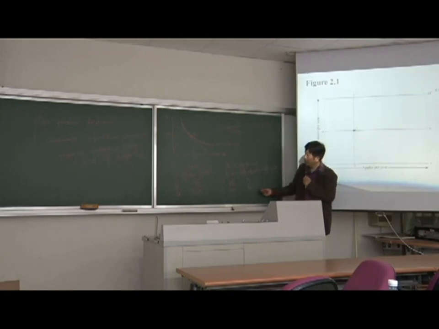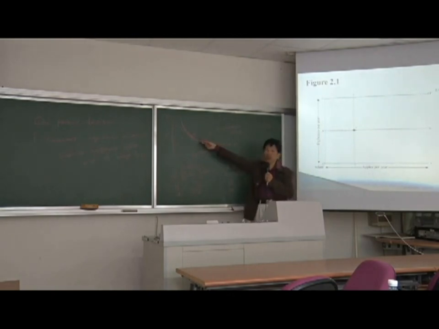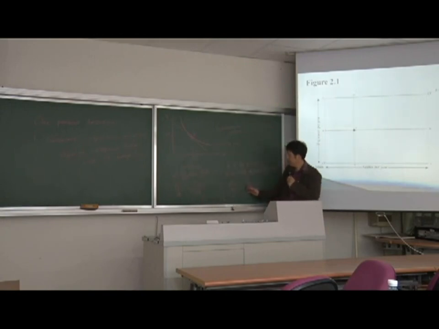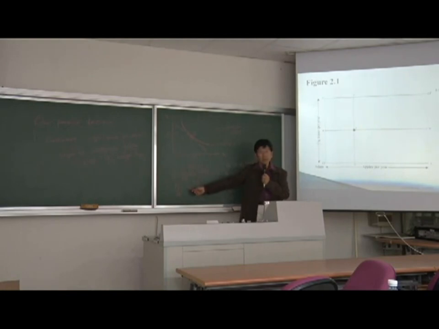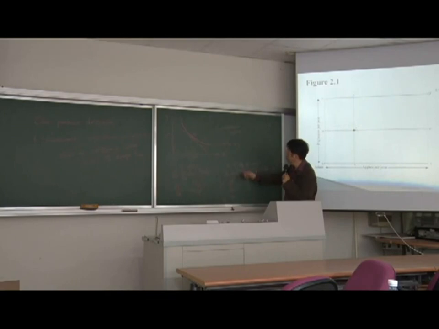So at this point they will be equal. The right-hand side represents the slope of the budget line, and the left-hand side represents the slope of the indifference curve. So this point means the consumer can have the best choice. After that, you can find MUx over MUy equals PX over PY.